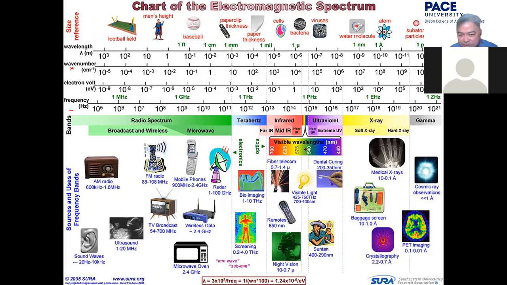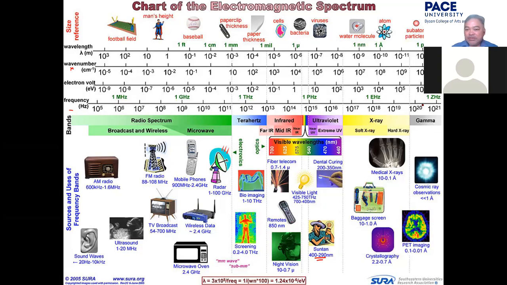And then, as you can see, the visible region is just so small. That's the one that allows us to see the different colors. And if we have suntans, it's just around 400 to 290 nanometer. Now, as we go on, X-ray is really highly energetic, and as much as possible, don't expose yourself to X-ray often.